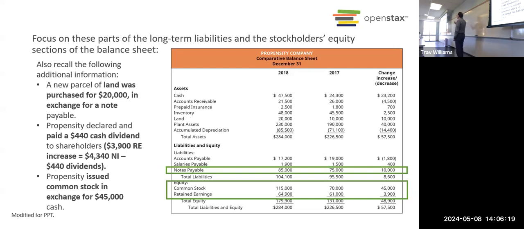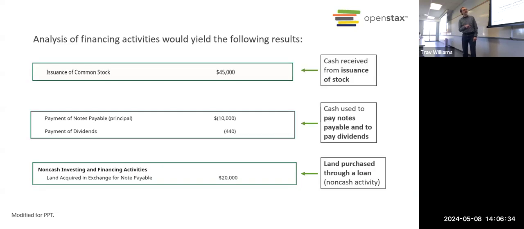Remember, we took out a new note for $20,000 to buy some land. But our notes payable only went up by $10,000. That's because we also paid down an old note of $10,000, right? So that's a financing activity. The new note had no cash involved, right? We weren't borrowing money. We were taking out a loan that we used to finance buying the land.